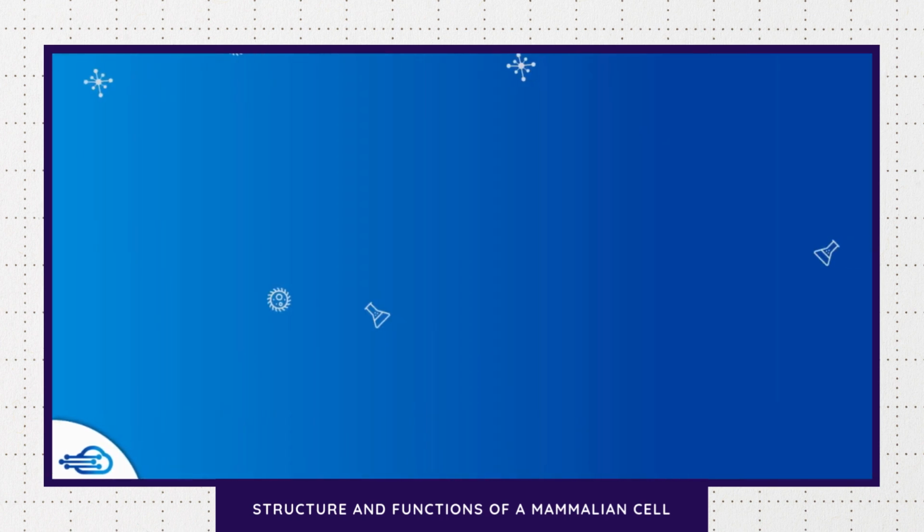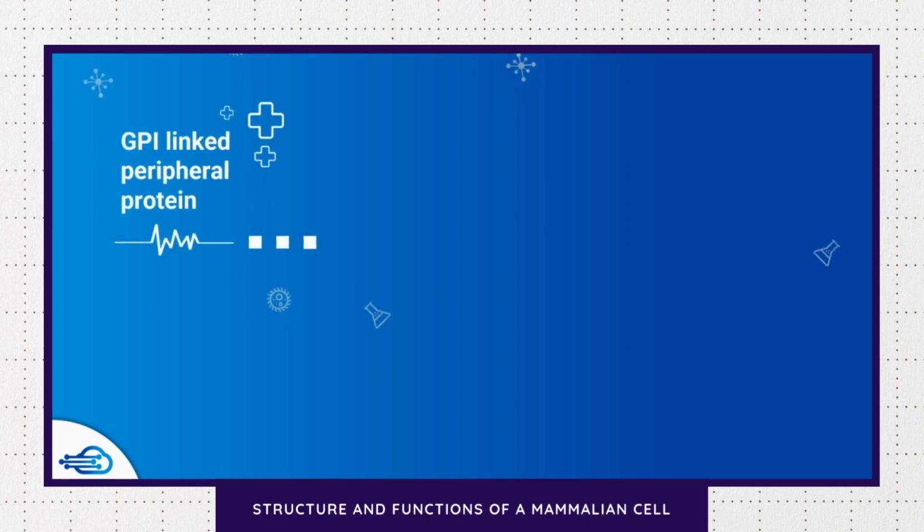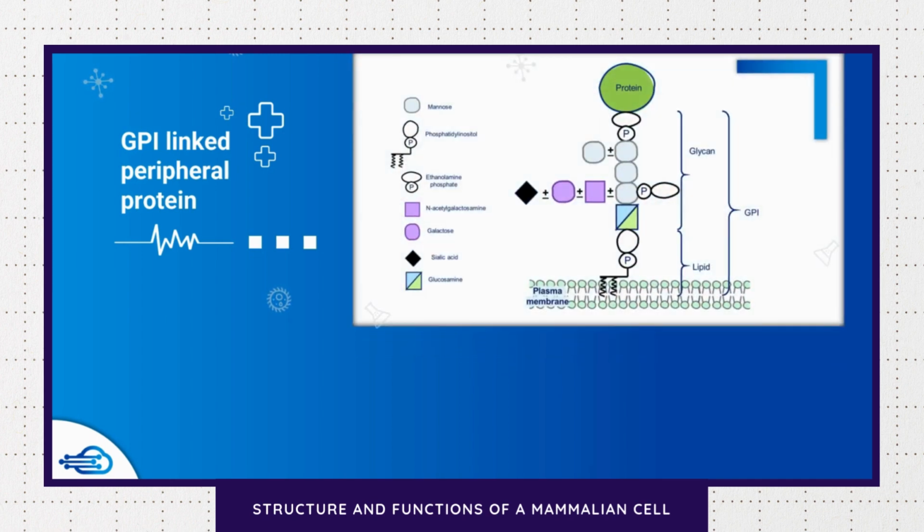We said that peripheral proteins are attached to the surface of the membrane. But how are they attached? Well, there are two ways. First is that there are GPI linked peripheral proteins. GPI means glycosyl phosphatidylinositol anchors. Yes, complicated, but it's the full form of this GPI.